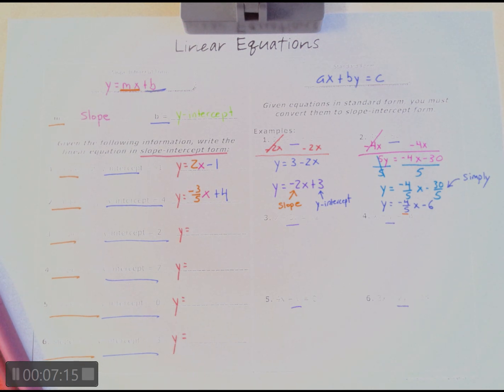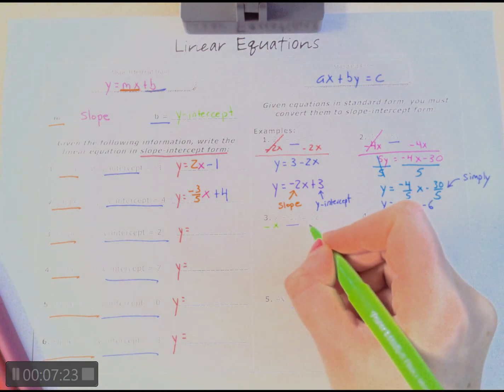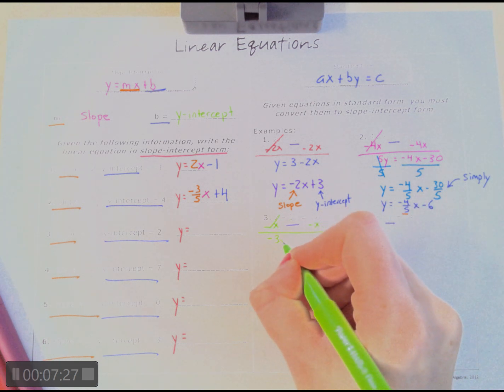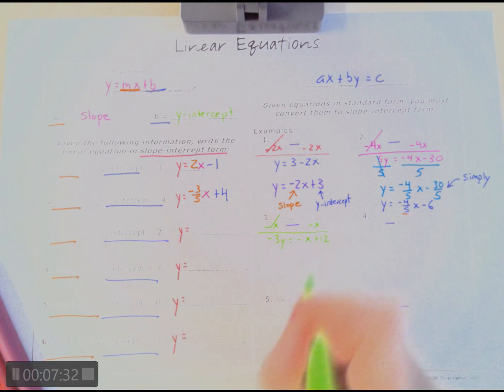Alright, I'm going to try one more with you guys, and then I'm going to let y'all do the rest. Okay, so I'm going to subtract x from both sides. So I get negative 3y equals negative x plus 12. Alright, and now I need to divide by negative 3.